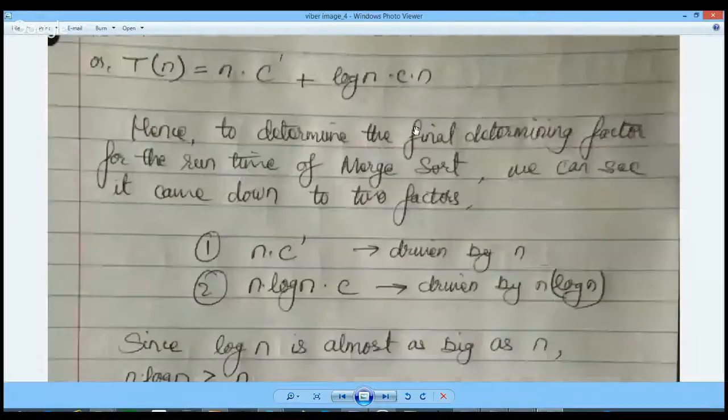So we can say that the function of time taken Tn equals n times c dash, which is another constant we introduced here, not equal to c but just a little bit different, plus log n times c times n. Now, this is the term we need to analyze the time taken by the MergeSort.